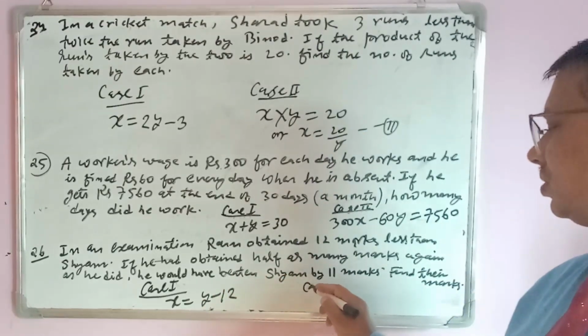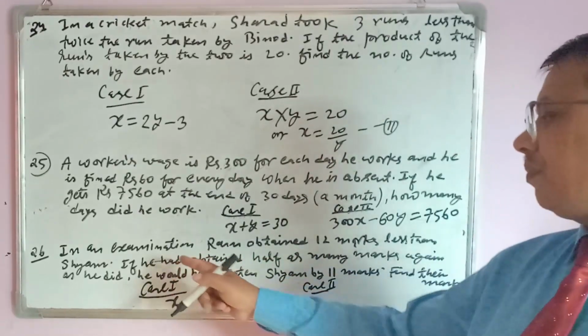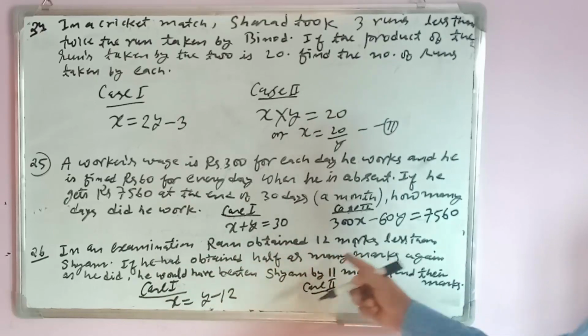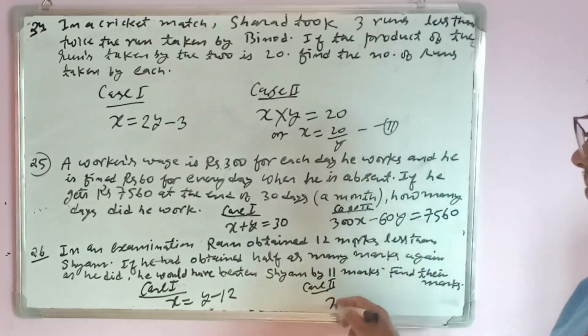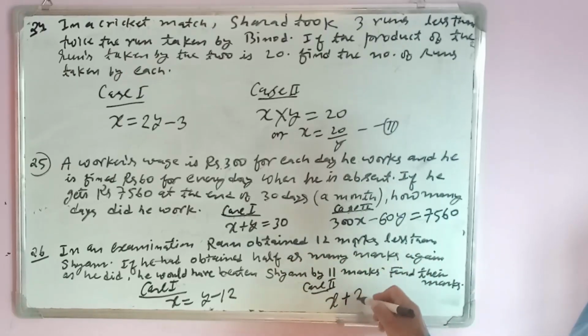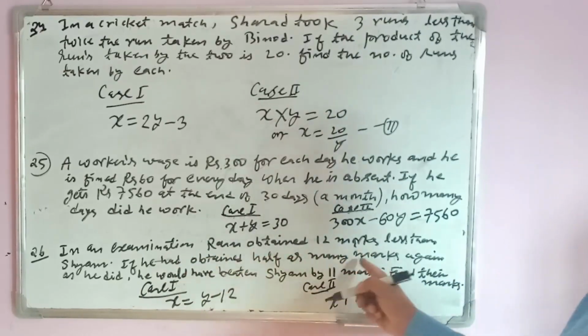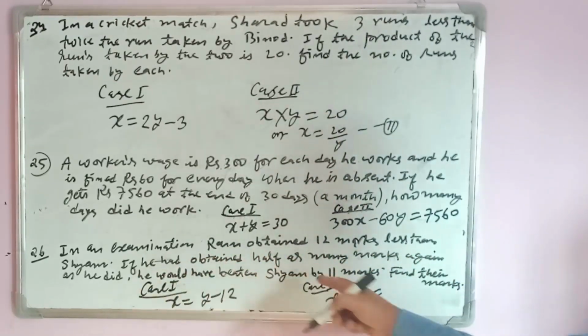Case 2 is interesting. If Ram had obtained half as many marks again, that is x plus x by 2, then he would have beaten Shyam by 11.